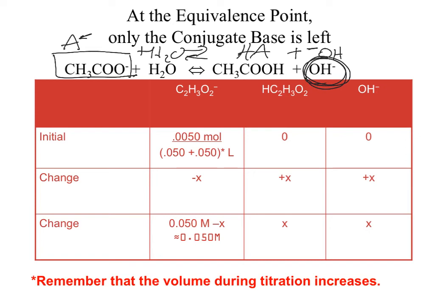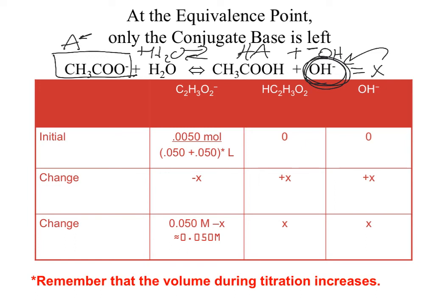So at the end, X is going to equal the concentration of hydroxide, and you're going to have to find pOH first and then pH. Anytime you have an ICE table, you are dealing with concentrations, not moles. The only reason we use a mole table in the buffer region is because it's stoichiometry.